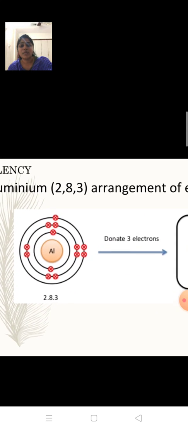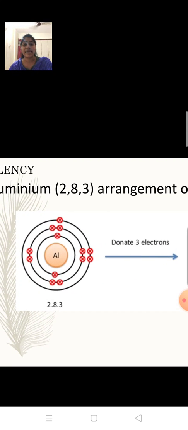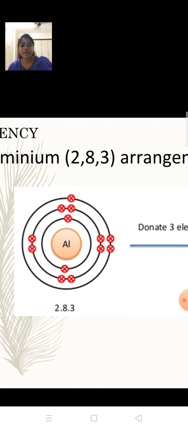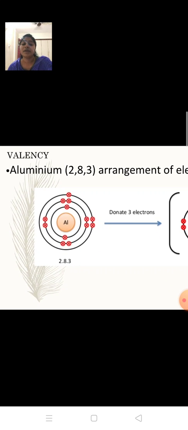Aluminium. In aluminium the arrangement is 2, 8, 3. It means the inner shell contains 2 electrons, the next shell contains 8 electrons and the outermost shell contains 3 electrons. For stability it should have 8 electrons, so it will donate or lose those 3 electrons.